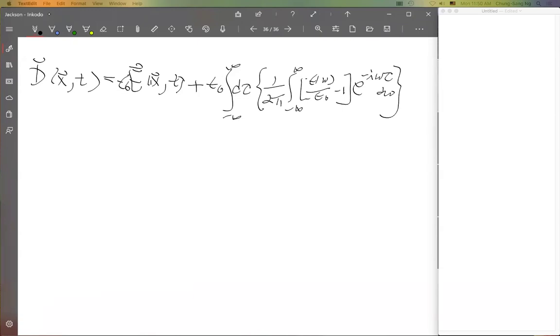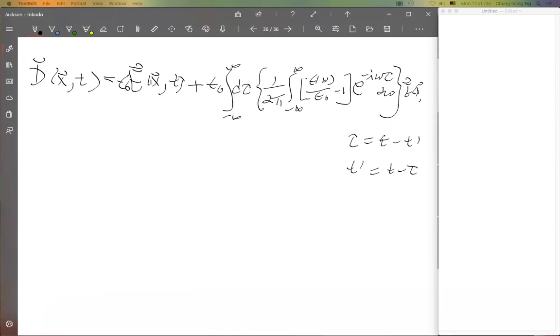And you multiply by this E(x, t prime). Tau is t minus t prime, so t prime is t minus tau.